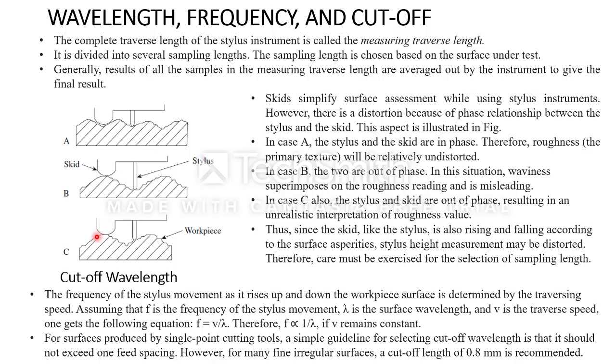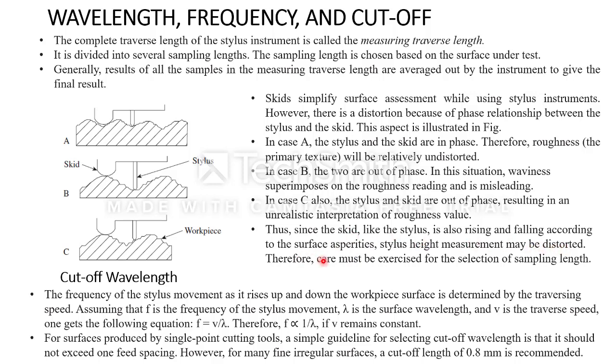In case C also, a similar thing happened. My skid is at the rising end and the stylus is at the falling end. So the distortion and the phase difference will be there between the skid and the stylus. Since the skid, like the stylus, is also rising and falling according to the surface asperities, stylus height measurement may be distorted.